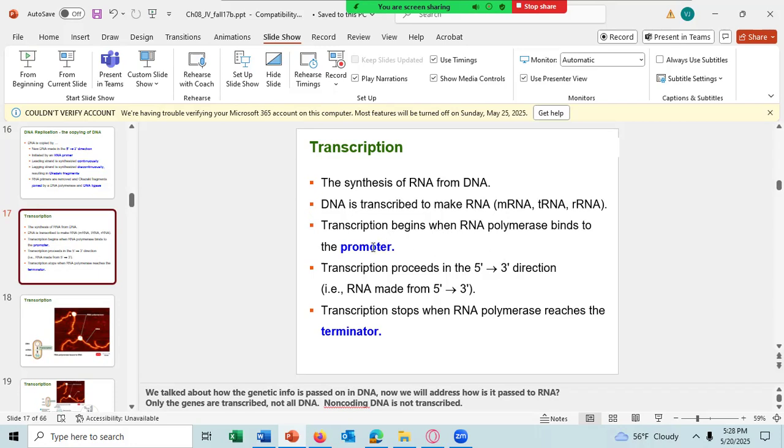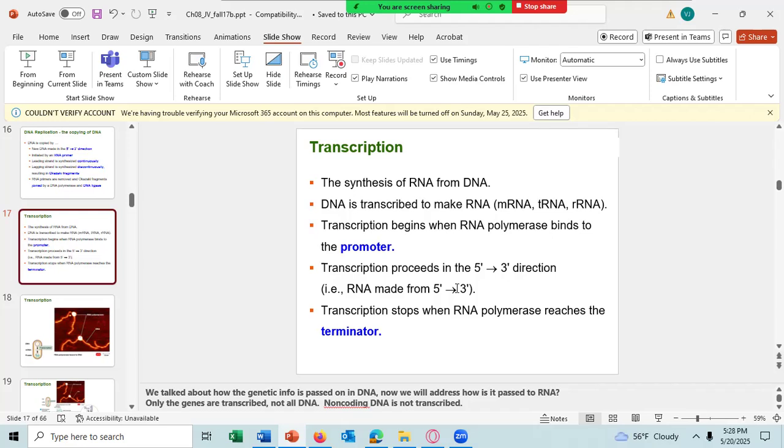And then that RNA polymerase moves down the gene, or moves down the DNA, transcribing the DNA into RNA. And it follows the 5 to 3' direction, meaning transcription occurs in the 5 to 3' direction. RNA is also made 5' to 3'.